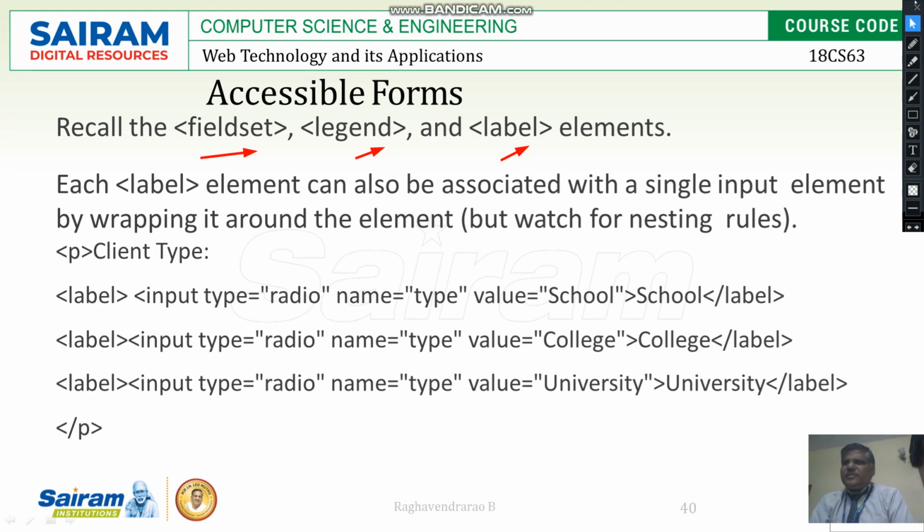So this is a label. Here is the label. Input type is radio, name is time, value is school. This will become label school. This is another format of representing the label.